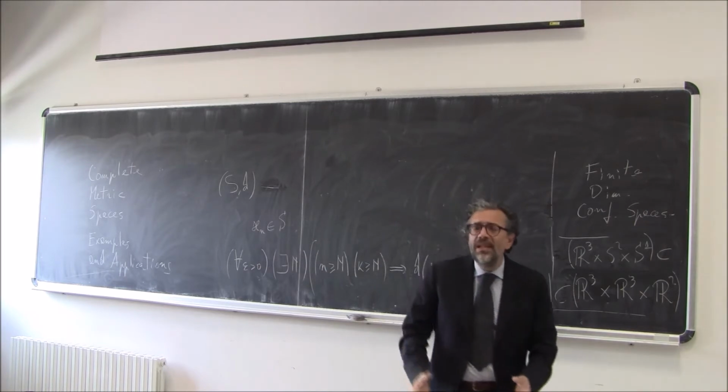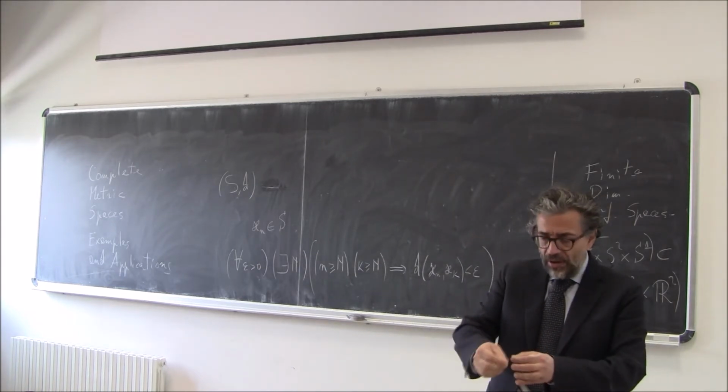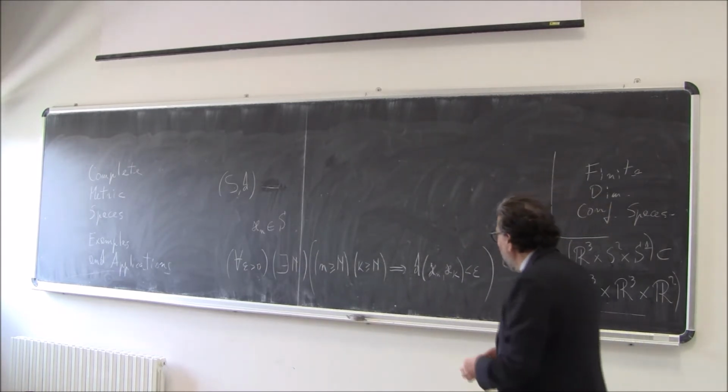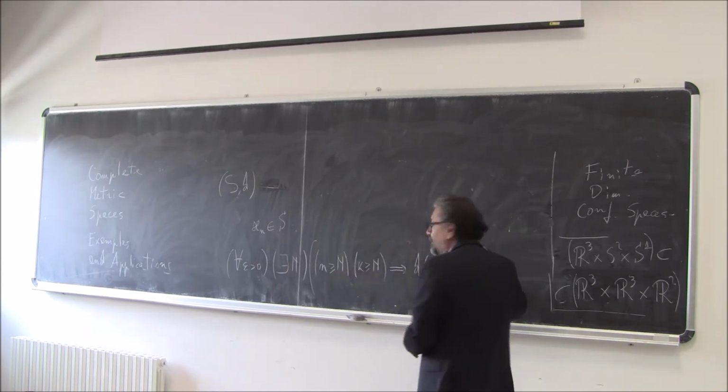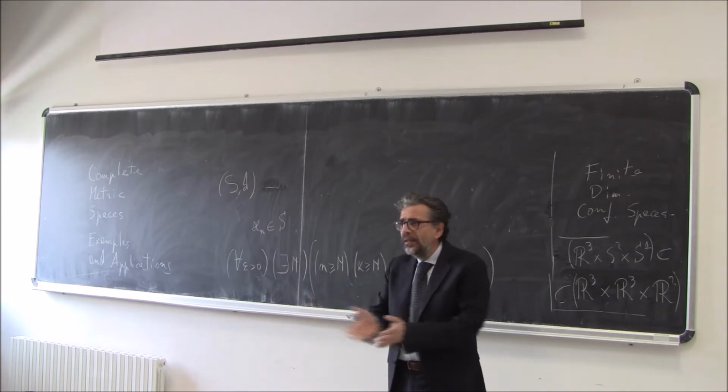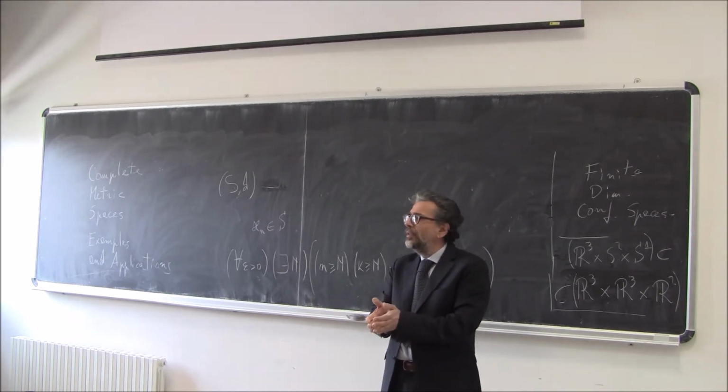A Cauchy sequence is a sequence in which, starting from a given n, all the elements of the sequence are closer than epsilon.